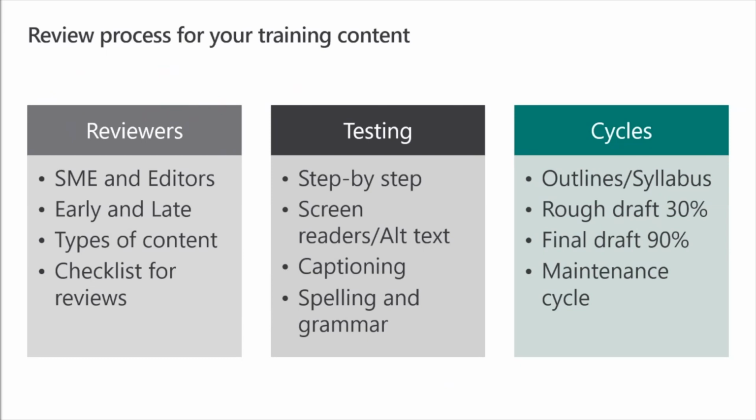If we're reviewing a Word document or a PowerPoint, I might be using the comments feature or striking through. And make sure that you create a checklist for your reviews. So all the things that you want your reviewers to be checking for, like technical accuracy, spelling, grammar, etc. That way they remember that these are all the things I need to check for.